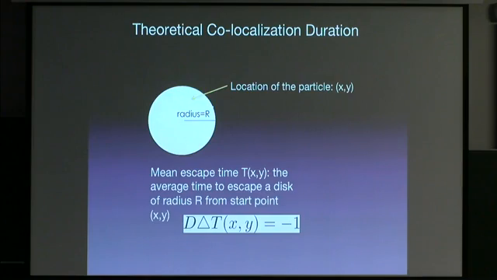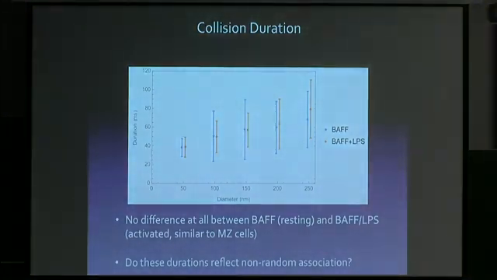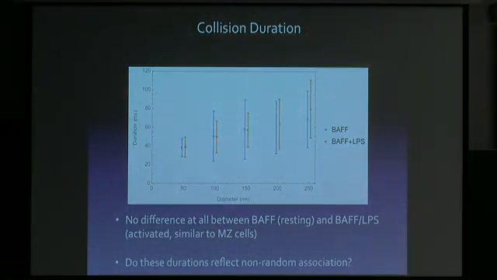But they stay together for 30 to 60 milliseconds. In fact, if they stayed together for 0.1 milliseconds, we would have a lot of difficulty capturing that because we're imaging at 30 millisecond frame rate. We're increasing the frame rate, with great difficulty, right now to get better resolution on this. But nonetheless, it's still a lot longer than you would expect.